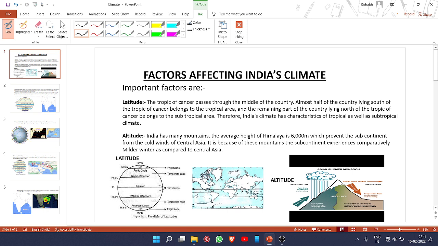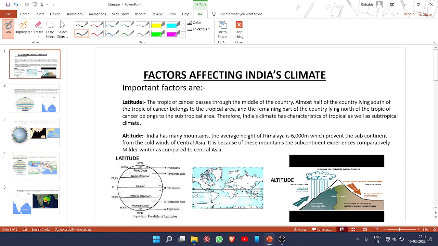Almost half of the country, this part, lying south of the Tropic of Cancer belongs to the tropical region. And the remaining part of the country lying north of the Tropic of Cancer belongs to the subtropical area.